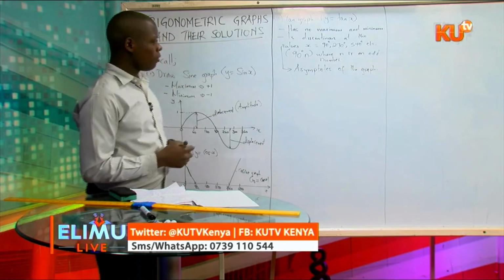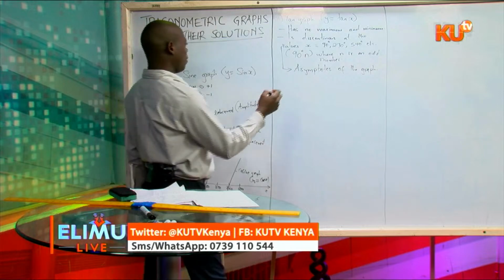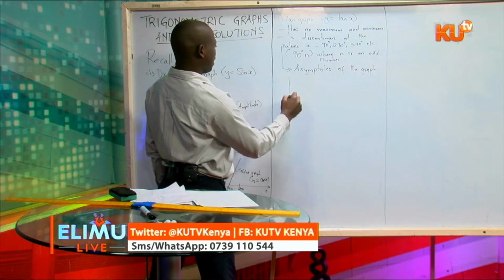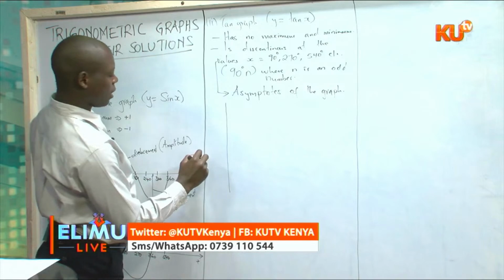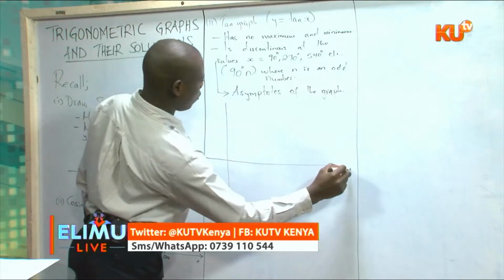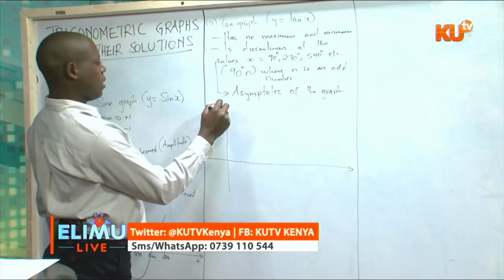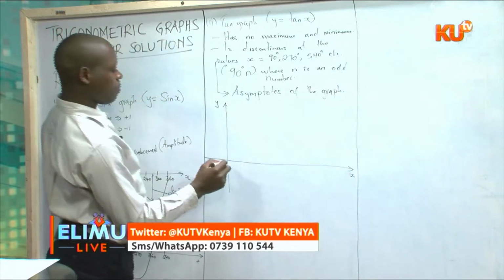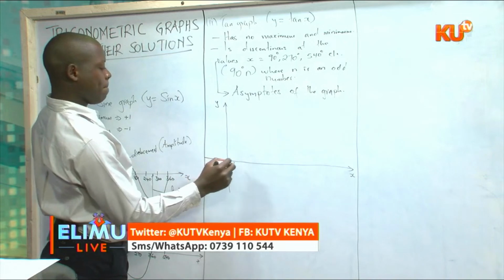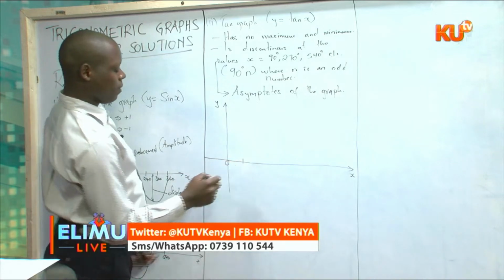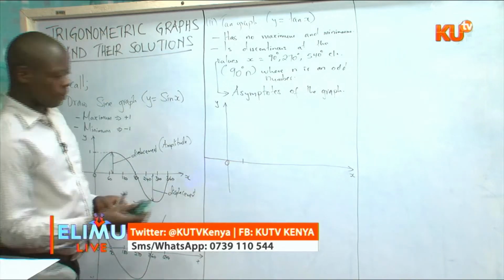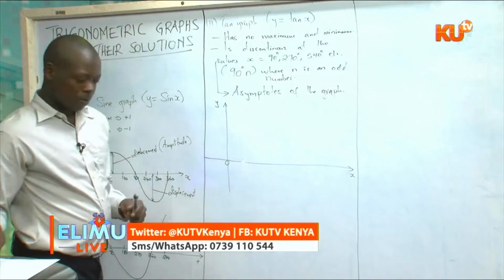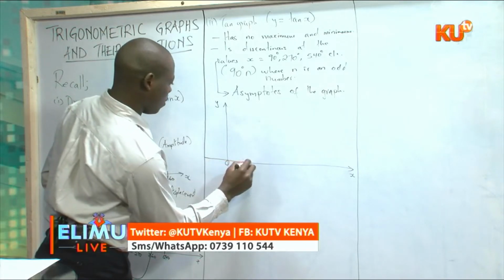And so what we mean is this: if you draw a tan graph, y equals tan x, then this is what we shall have. This is the y-axis, this is the x-axis, this is the point 0, then we have this value.